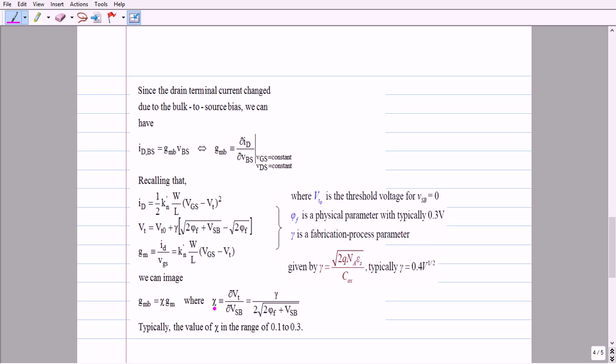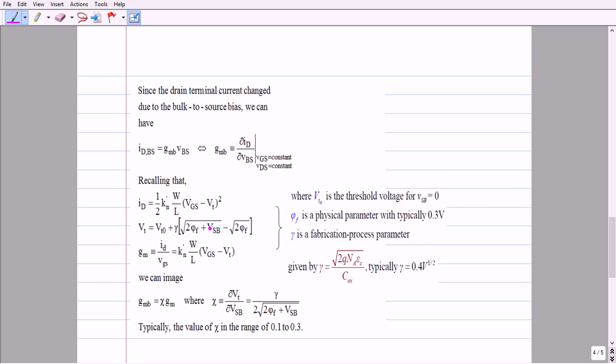Further, the X value can be defined as gamma divided by 2 times the root of 2 phi f plus VSB. The typical value of X is in the range of 0.1 to 0.3. It is not a voltage. Now, ID is a function of the threshold voltage, and the threshold voltage is also a function of VSB.